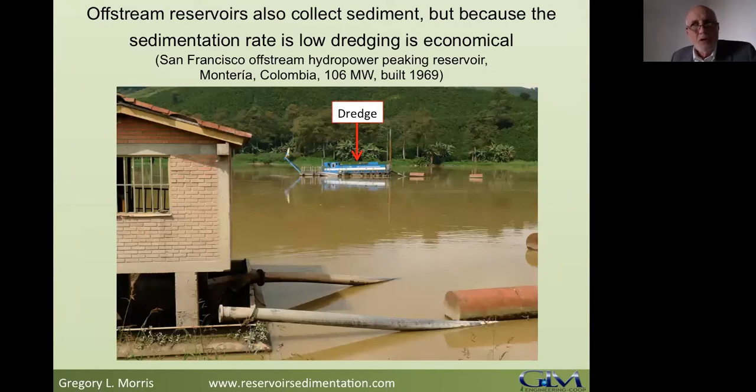For instance, the Rio Blanco Reservoir that I showed you the picture of a couple of minutes ago is expected to have a half-life, the time required to lose half of its capacity, on the order of 1,000 years or more. And the dredging volume will be, at that time, on the order of 2 million cubic meters. We don't need to have a large storage capacity for sediment storage in an off-stream reservoir, and that makes them more economical. And we also don't need a large spillway.